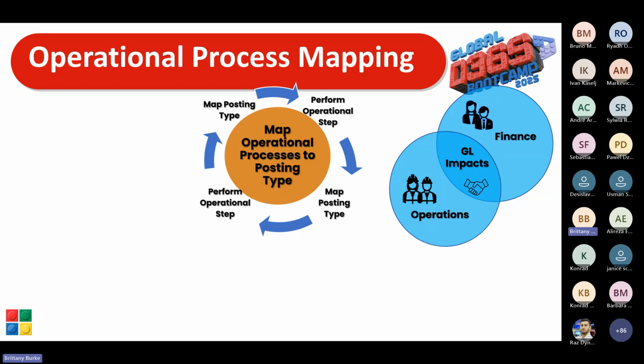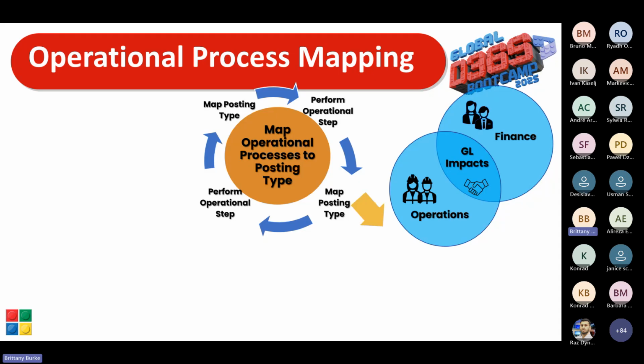So if we go back to our original example, that's going to be when I post a product receipt or purchase order receipt and when I invoice my purchase order. So yes, you may go through and say, okay, I'm going to create my purchase order. If you don't know that there's no GL impact, you go and say, are there any ledger transactions that have happened? Nope. Okay, moving on.